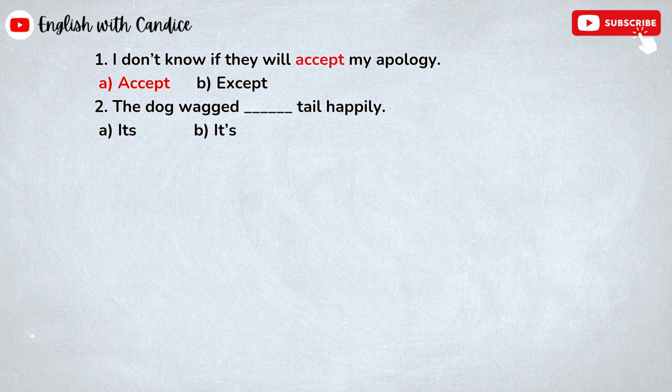Our next sentence is the dog wagged its tail happily. Which its are we using? Are we using A or are we using B? Our answer is A. The reason for this is the possessive form of it. It's referring to the dog's tail.